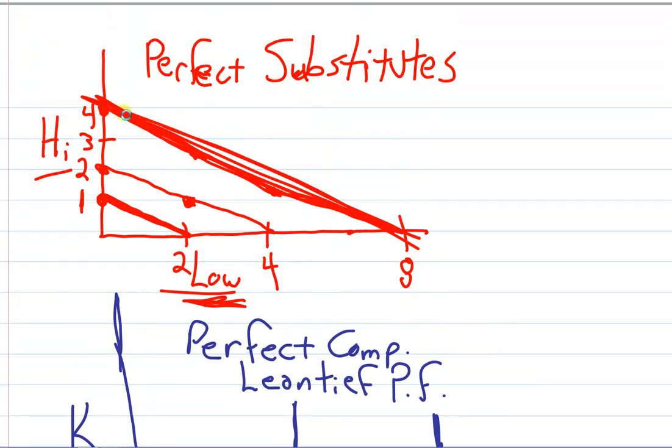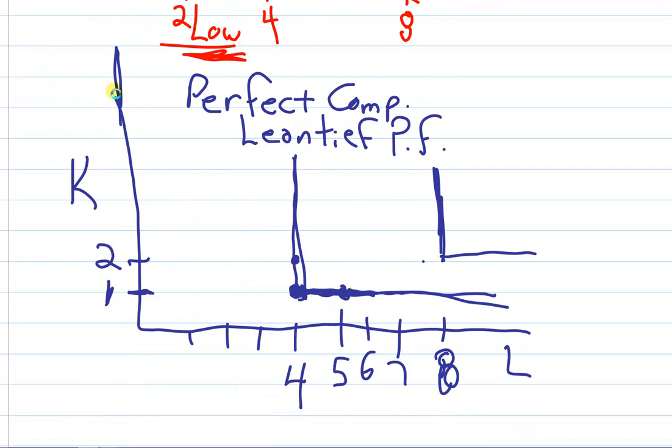With perfect substitutes, it's very easy to substitute between the 2 inputs because your isoquants are a straight line. Here, it's not so easy. In fact, it's impossible to substitute. There's absolutely no substitution here between inputs because, for example, you had 2 machines and 8 workers.